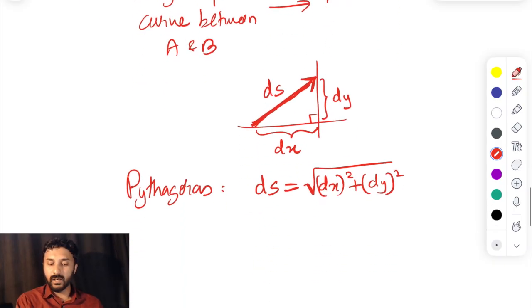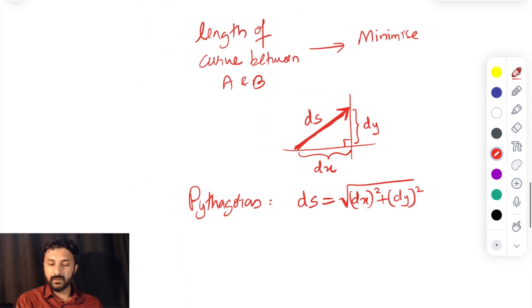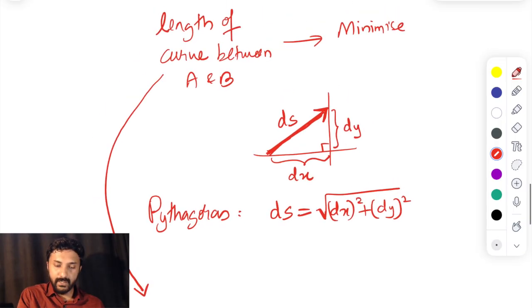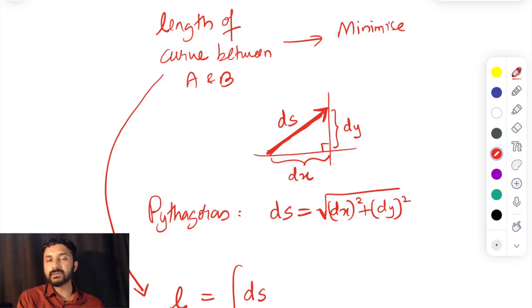And now, what is our integral? Our integral that we would like to minimize should represent the length of this path, the same length that we had mentioned earlier. So let's call it L, and we would like to write that as an integral, the integral of ds. I hope you agree that the entire length of the curve between the points A and B can be written in this form.